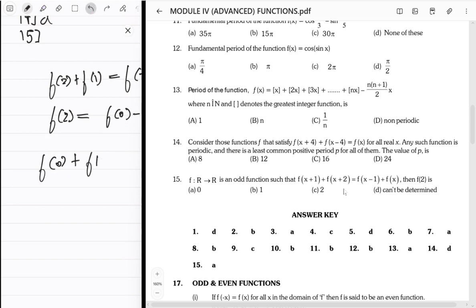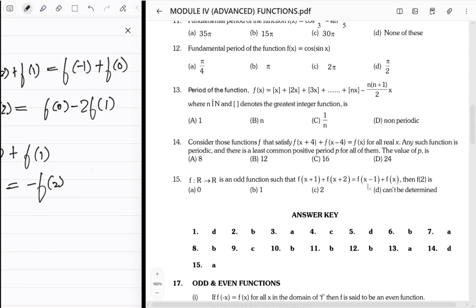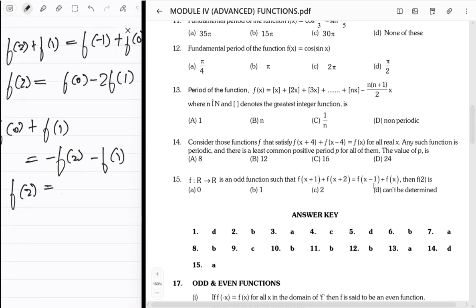F of 1 is equal to negative f of 2 plus, so when you put negative 1, it's f of negative 1, that's negative f of 1. So f of 2 is also equal to f of 0 minus 2 f of 1. Hey, it's the same identity that we got previously. That didn't help at all.